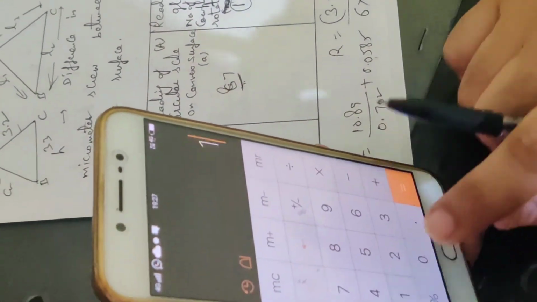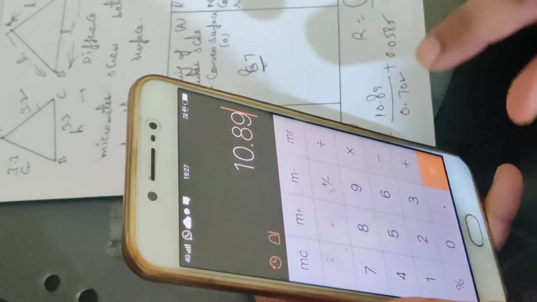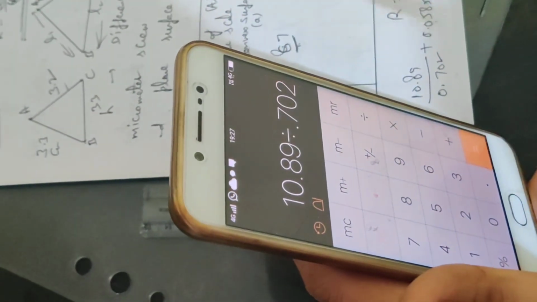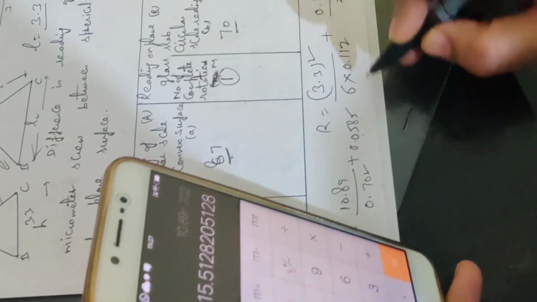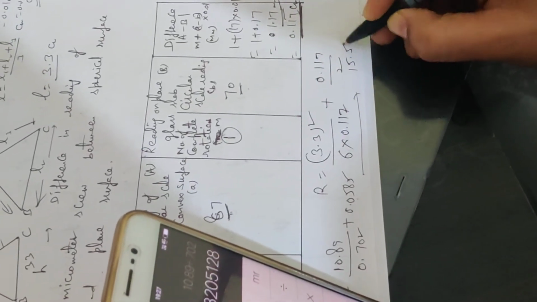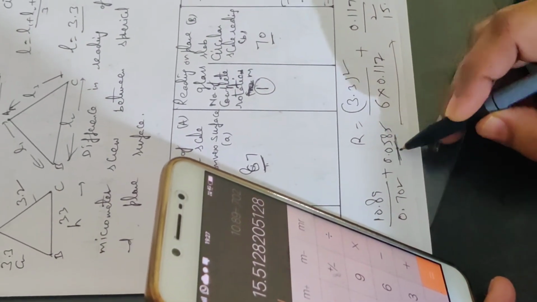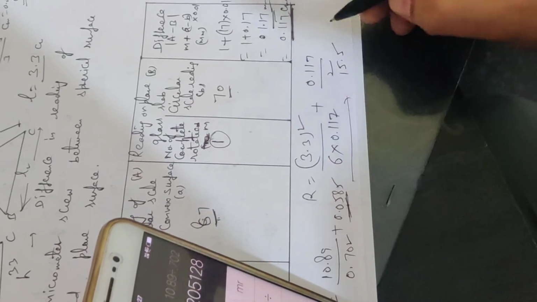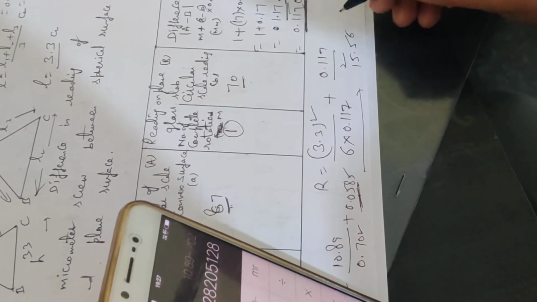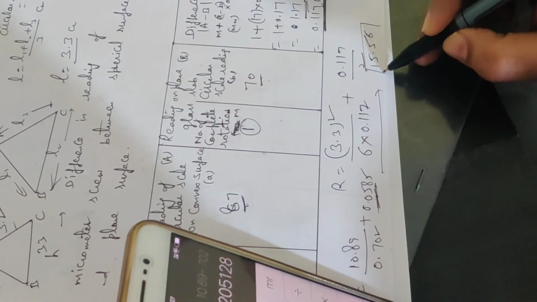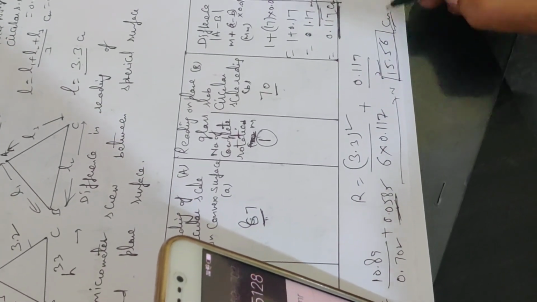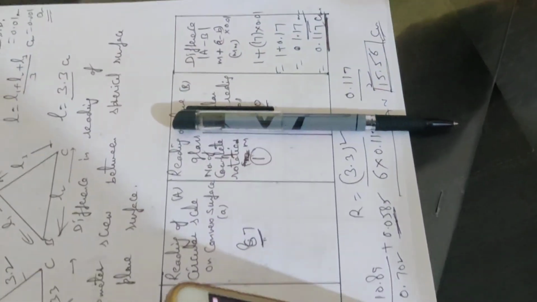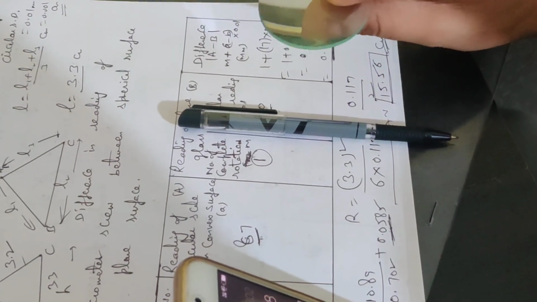Then I divide 10.89 by 0.702, that is 15.5, and I add this one, so about 55, or you can write 56. Okay, so this is the radius of curvature for this convex surface of this convex lens. So this is the experiment in our +1 class.